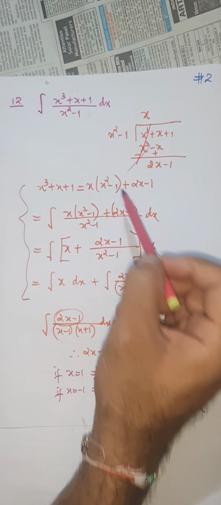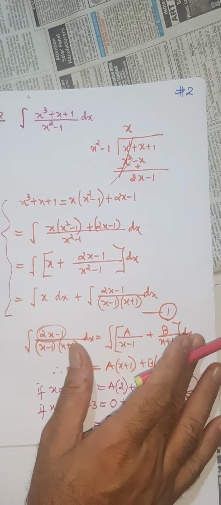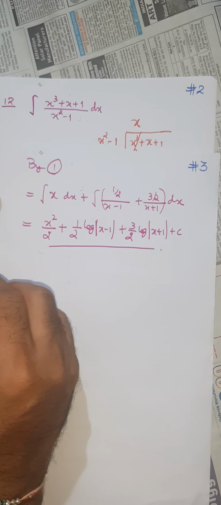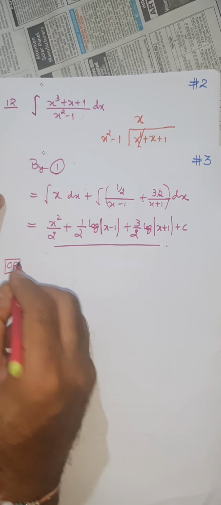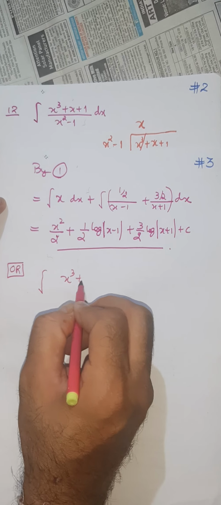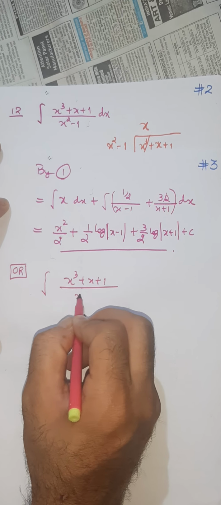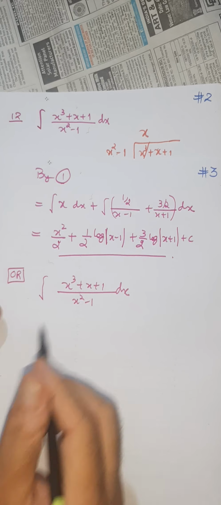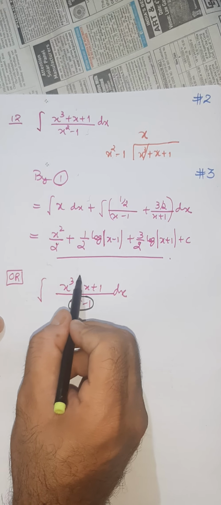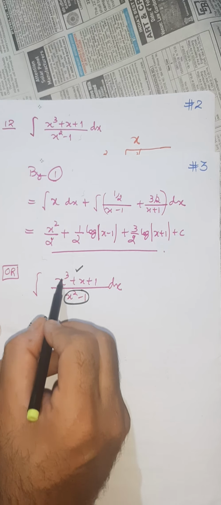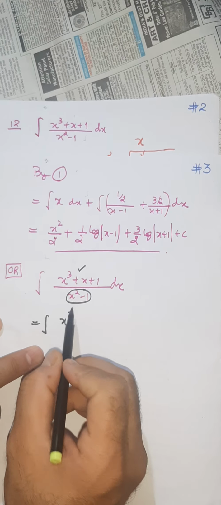Now if you don't want to do division here, you can do alternatively like this also. See, I'm doing just reduction of this numerator expression. If you don't want to divide (x cube plus x plus 1) upon (x square minus 1), what we do in such questions, we set this expression over here in the numerator, and I want to reduce the power also, so I'll keep x cube as it is.